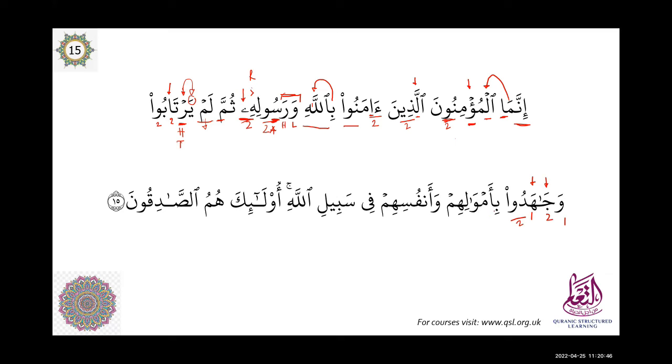Bi amwalihim. Now, the scholars have often documented in their books that if you have a meem and a waw together, you have to be careful because it's very easy to merge them both and not keep them distinctly clear from each other.